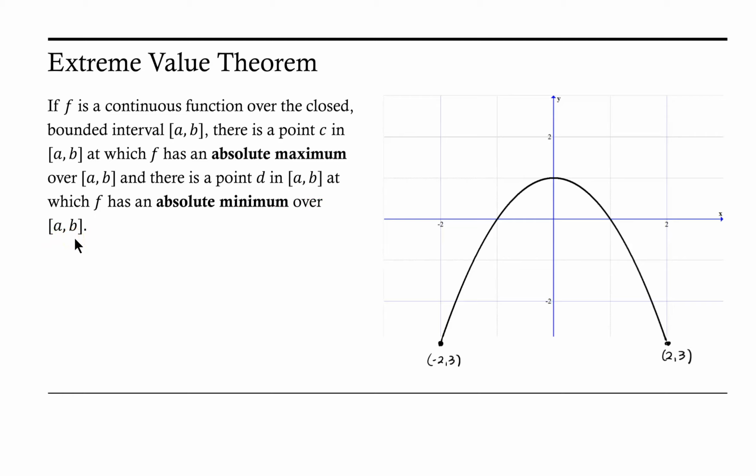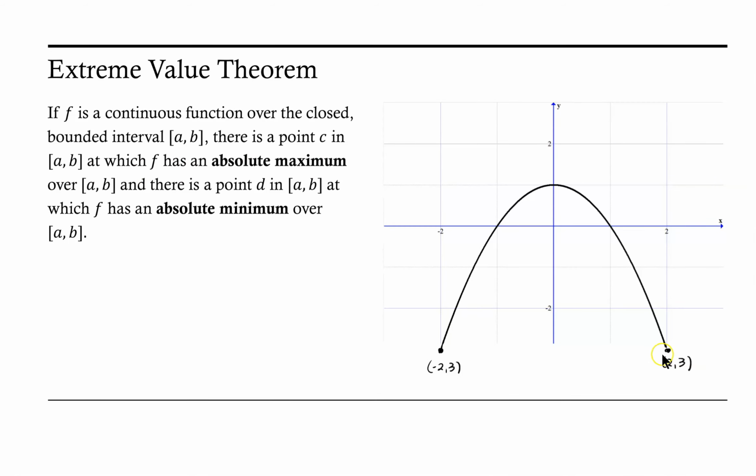So let's take a look at this function we have here on the right. A nice parabolic function. It is continuous. There are no jumps, gaps, holes. And so let's go ahead and look at f of x on the interval from -2 to 2.